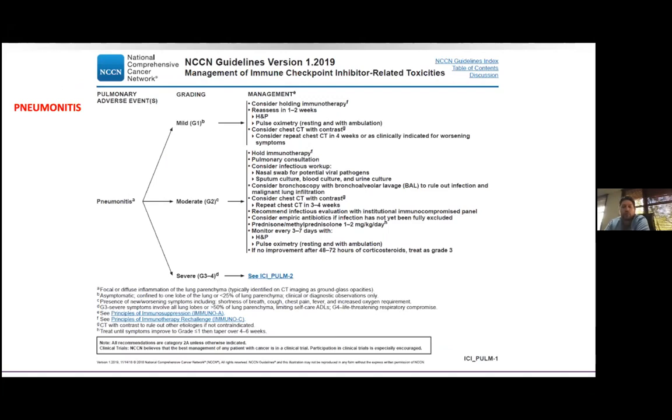Of course, it would necessitate you looking for any other causes of the pneumonia-type picture in terms of your sputum culture, blood culture, viral panels, and plus or minus a bronchoscopy.